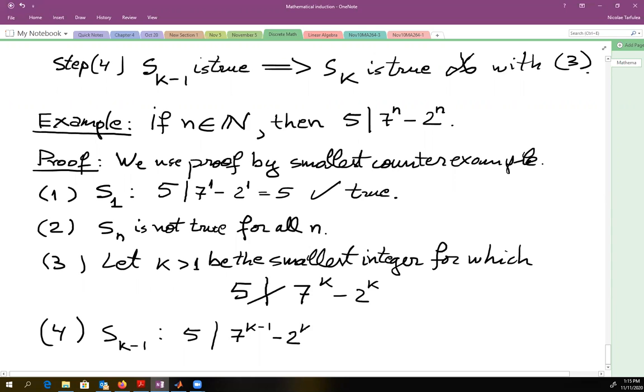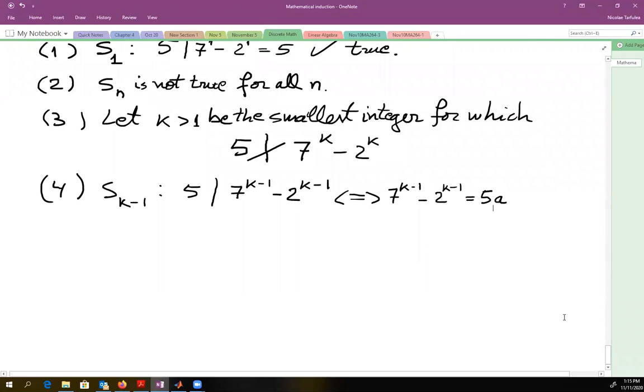We know that this one is true because k is the smallest integer for which this property doesn't happen. From here we can rewrite this thing as 7 to the k minus 1 minus 2 to the k minus 1 equals a multiple of 5, say 5a. Okay, let's see what this leads us to.